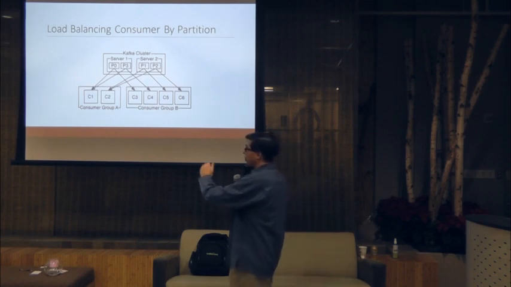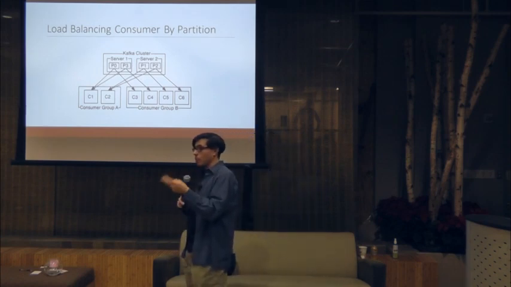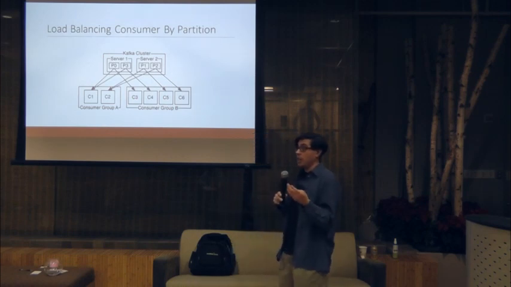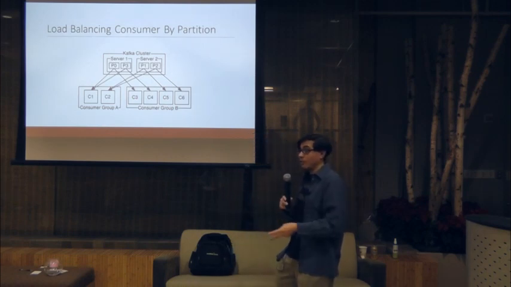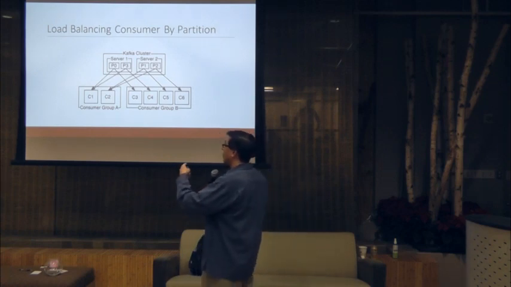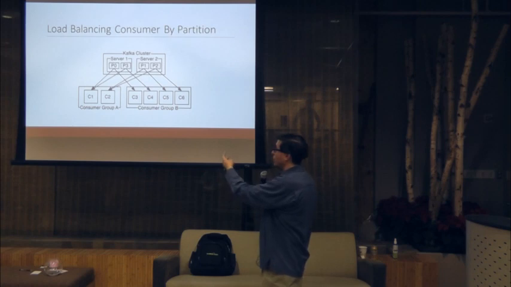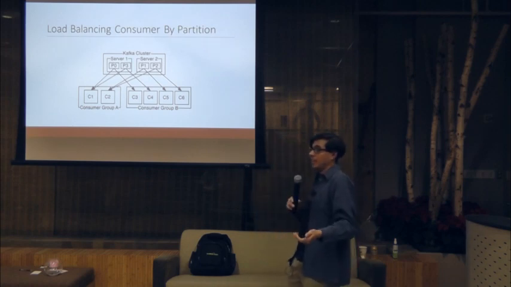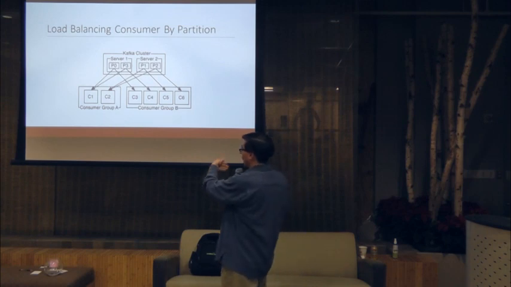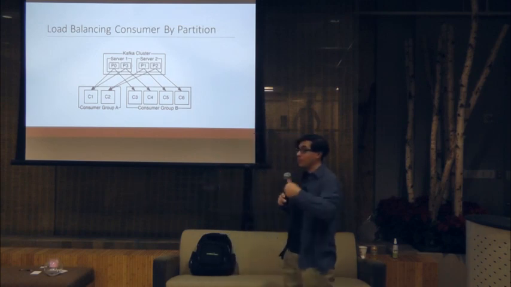So in consumer group A, you have 2 consumers but 4 partitions. Kafka is going to say, all right, I'm going to give you 2 partitions to read off, and I'm going to give you 2 partitions to read off. Or in this scenario, you have 1 consumer for every partition. And if you had 4 or 5 or 6, or let's say you had consumer group C, right?